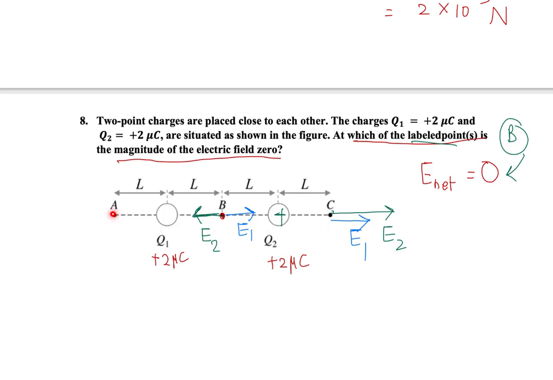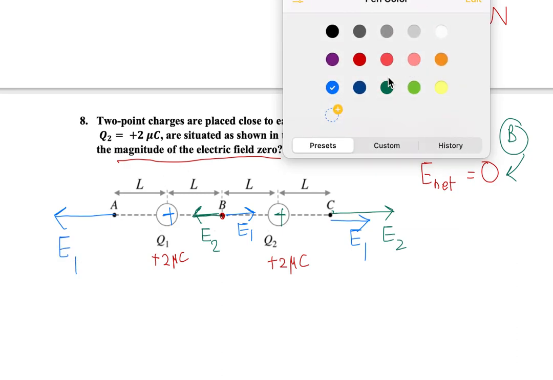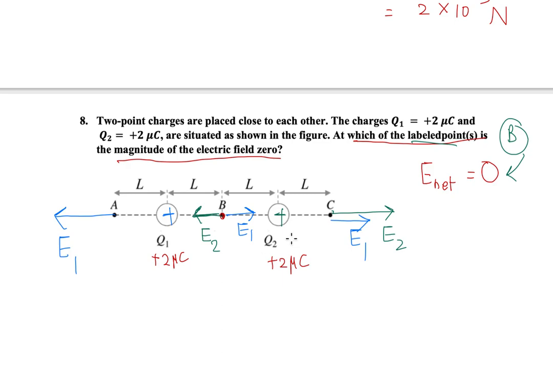Similarly, we can check at point A. For point A, Q1 is a positively charged object, as given in the problem, and the electric field should point outwards, so it will point to the left. That's E1. And Q2, which is also positively charged, must point outwards, so it will also point to the left. Let's just draw it and see.